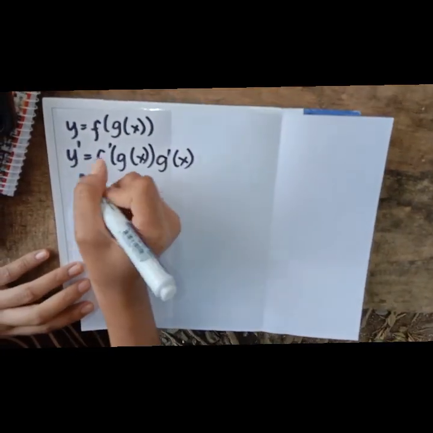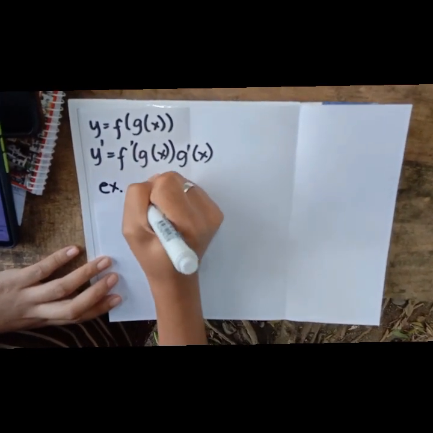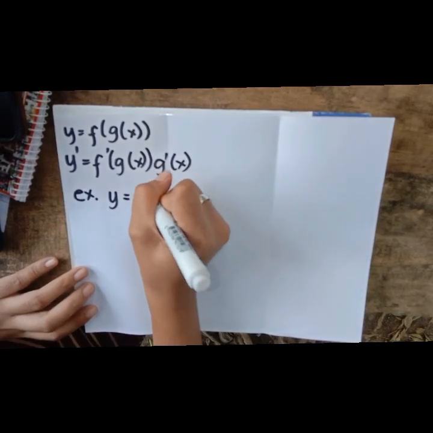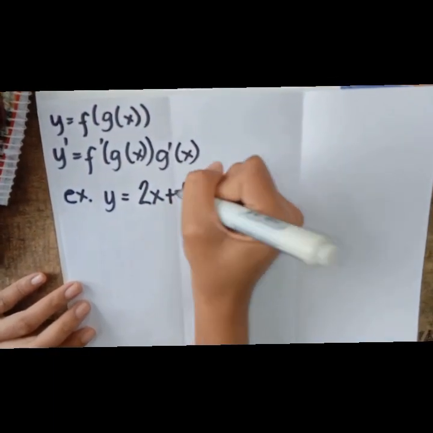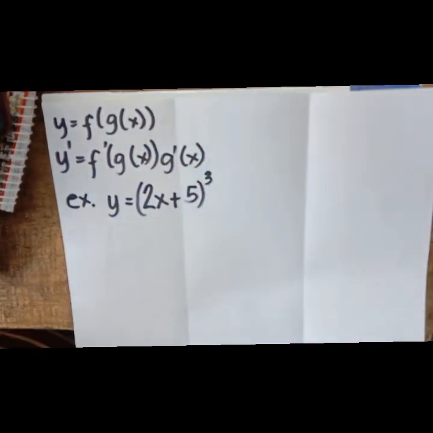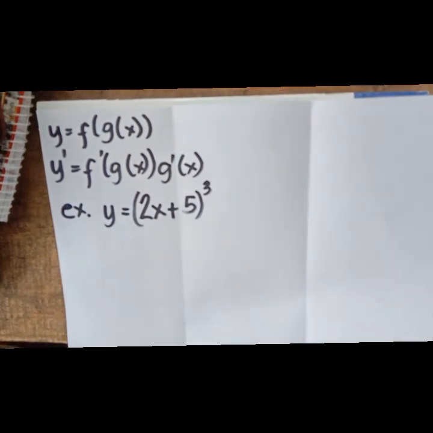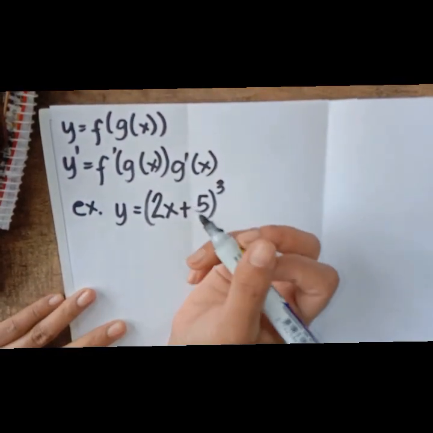For example, y is equal to 2x plus 5 raised to 3. Let us first identify the outer and the inner function.